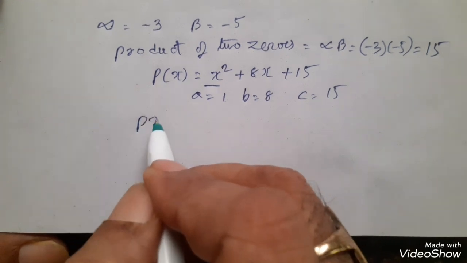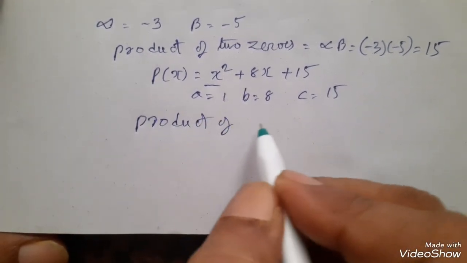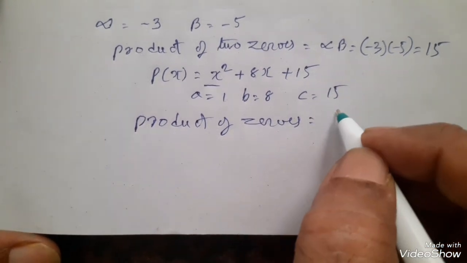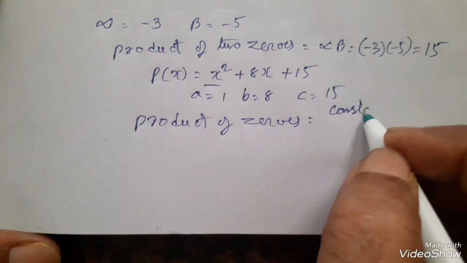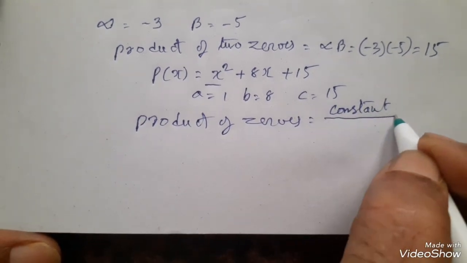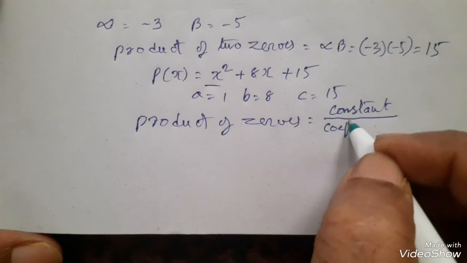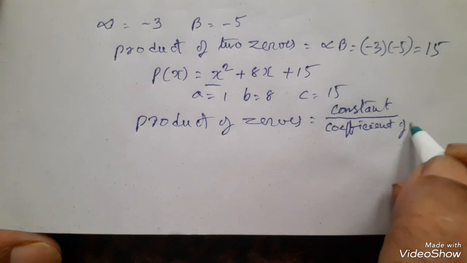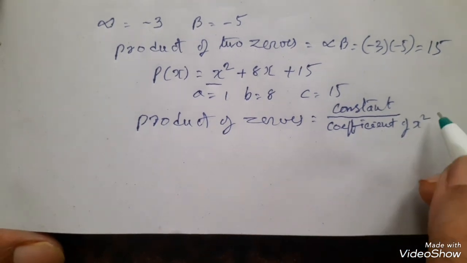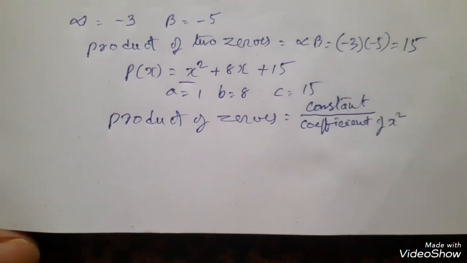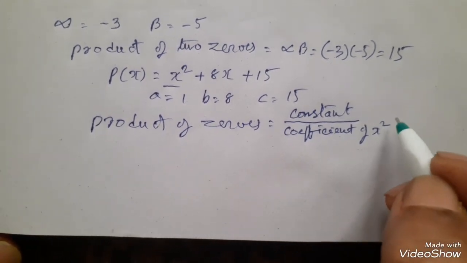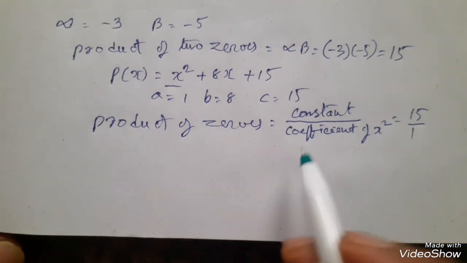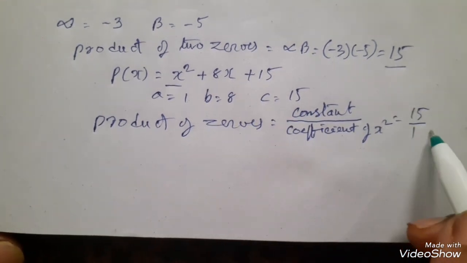Now the product of two zeros, that is constant by coefficient of x square. What is the constant here? Constant is 15, by coefficient of x square 1. So 15, and here also 15.